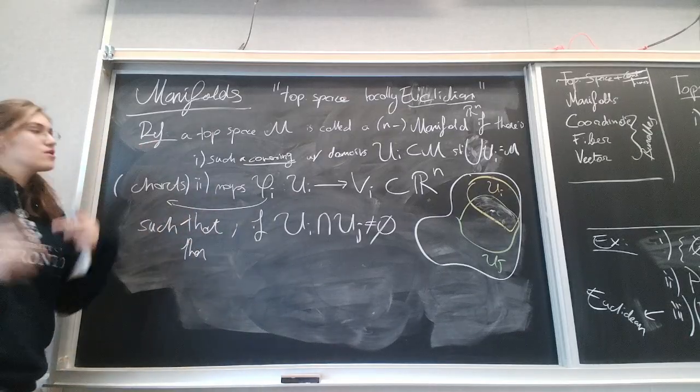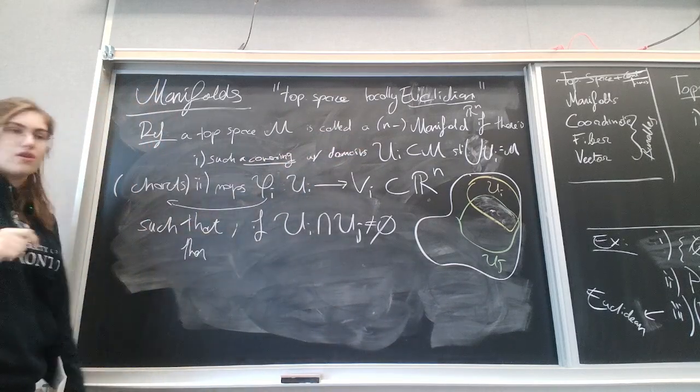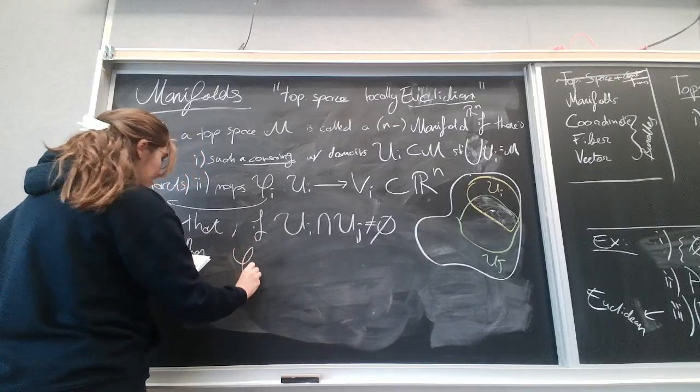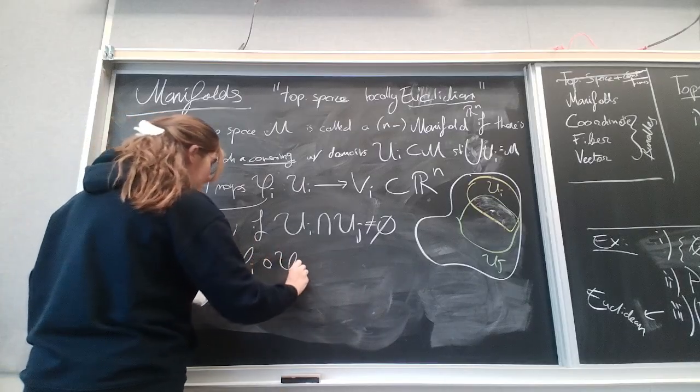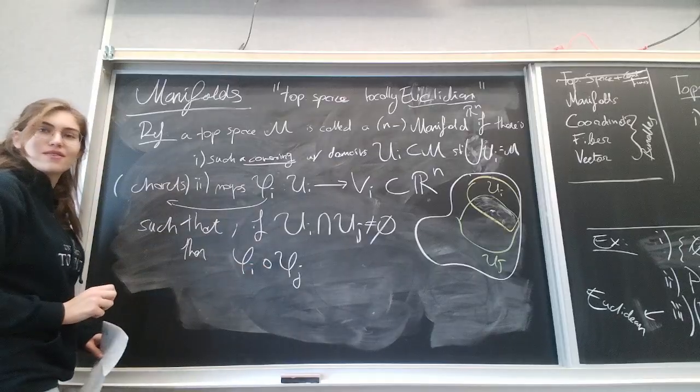How to do this? So we have charts. We know how to take U_Is and make them go to subsets of Rn. So let's use them. Let's take the, forget the word, the composition.